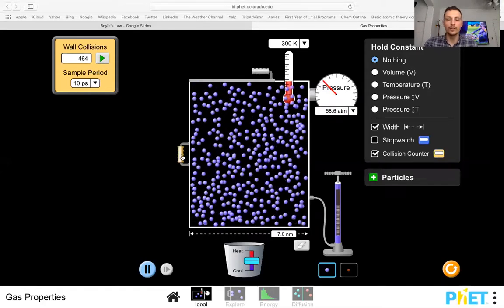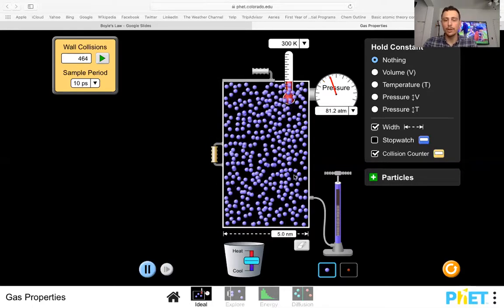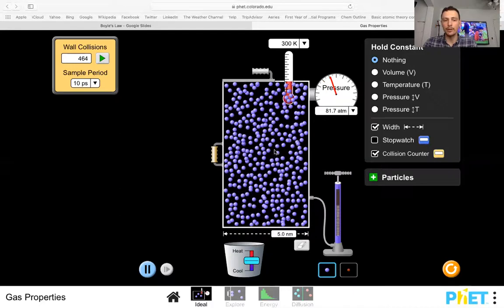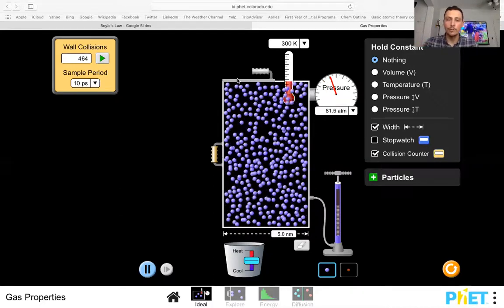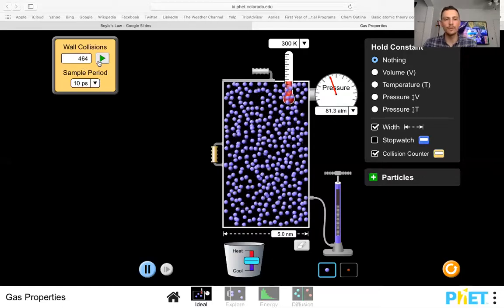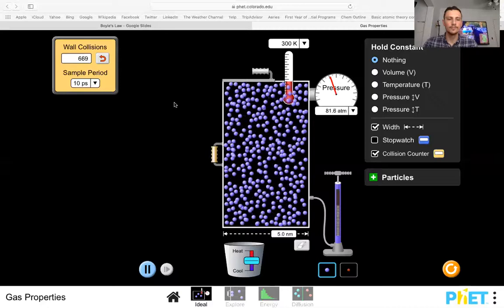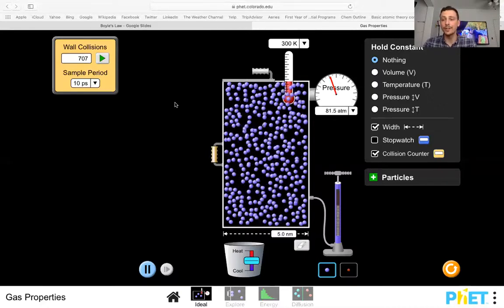So if we decrease the volume, if we go from 7 to, let's say, 5 nanometer width here, we have the same amount of gas inside, but now we have less space for them to bump around, right? So the number of times that they're hitting the walls, remember we were at 464, now we're at a little over 700, right?